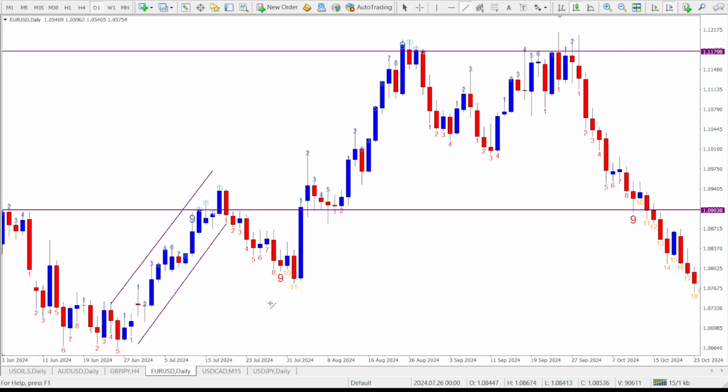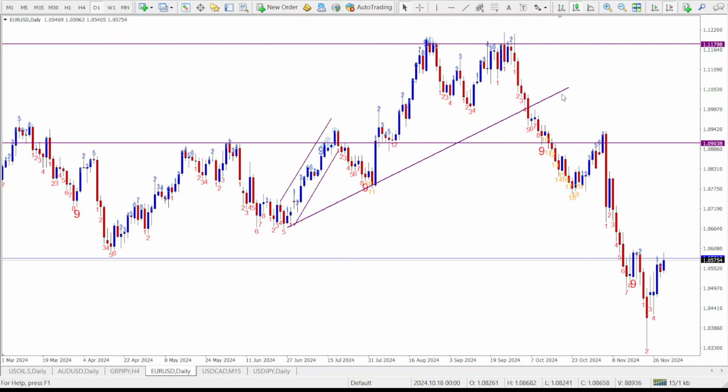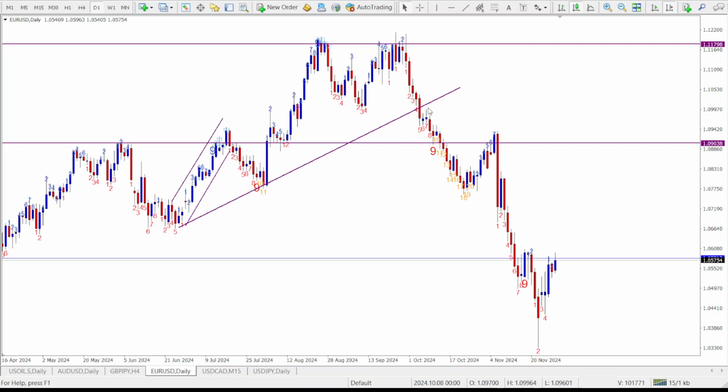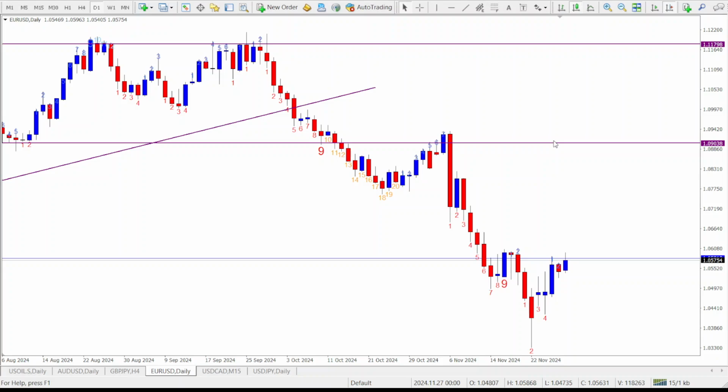Having identified the trend, we can see we actually had a bullish trend here, but then at this point there was a breakout. You will notice that the TD Sequential indicator is going to show you the direction of the prevailing trend with these red numbers.